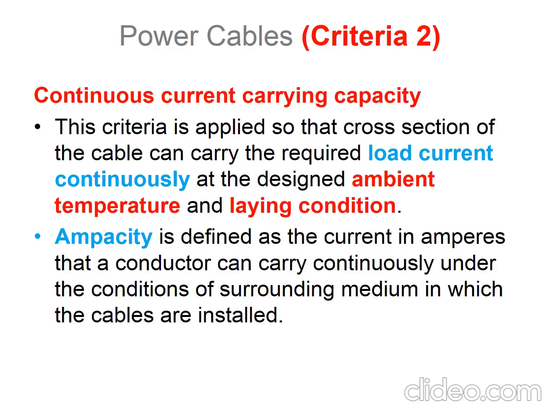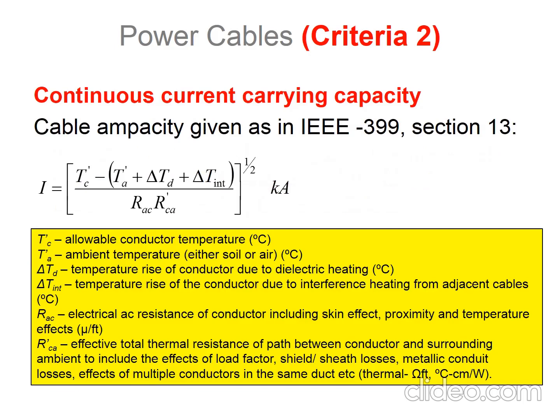Ampacity is defined as the current in ampere that a conductor can carry continuously under the condition of the surrounding medium in which the cable is installed. Cable ampacity is given in IEEE 399 section 13, as shown here.